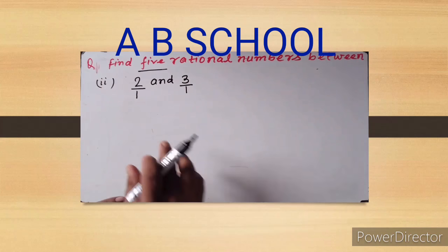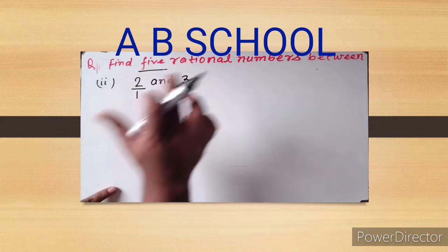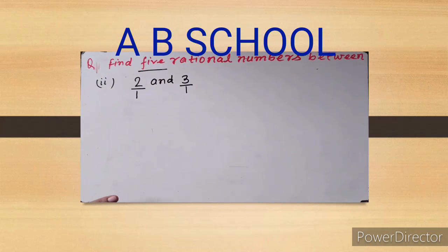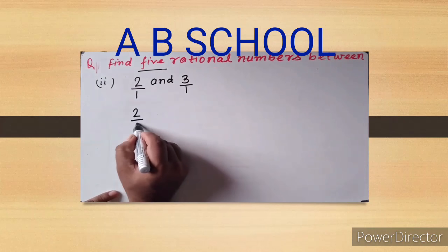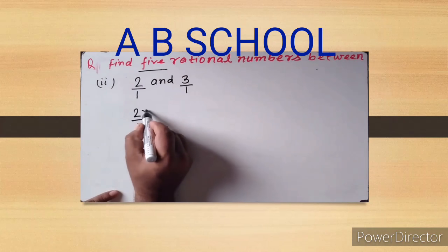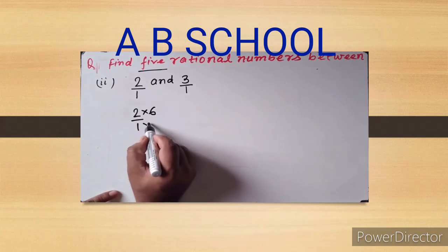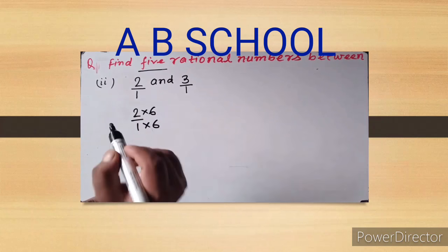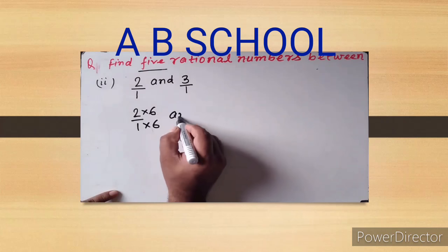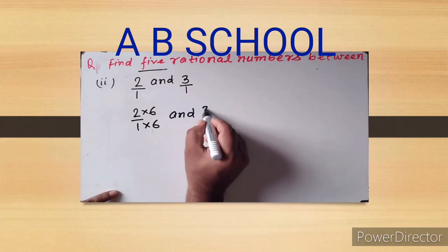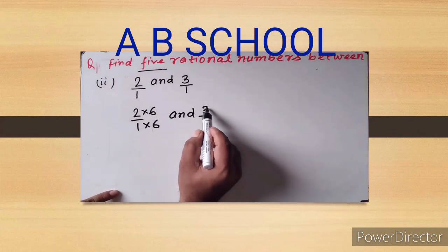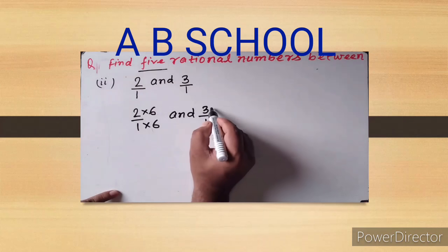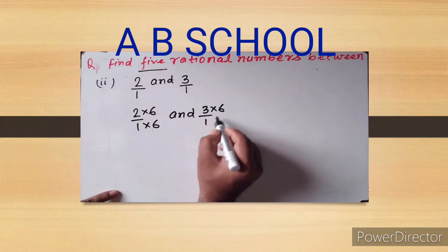Only what we will do in this question, we have to find 5 rational numbers. So we will take ahead of 5, what? 6, and we will multiply 2 by 1, its numerator by 6, and this denominator also by 6, and this is 3 by 1. We will multiply this numerator and denominator also by 6.